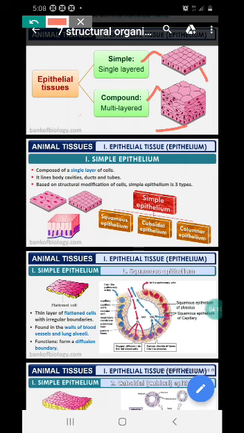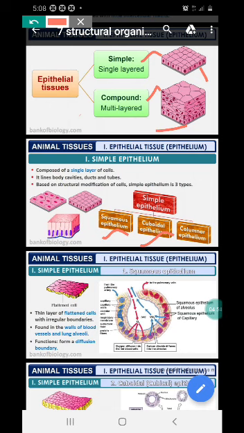Now we will see the types of simple epithelial tissue. According to the different shapes seen, simple epithelium is of three types. They are the squamous epithelium, which has very thin flat cells present on the basement membrane. Then cuboidal epithelium, with cube-like cells.